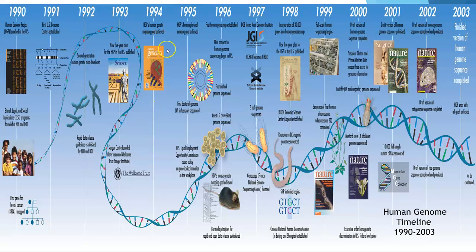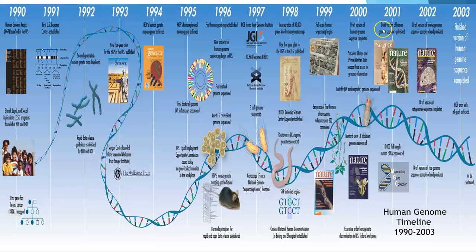If you have a closer look, you will see that in the timeline different milestones were achieved, which went on adding to the success story of the Human Genome Project. In 1998, incorporation of 30,000 genes in the human genome map was done. Then in 1999, full-scale human sequencing began, and the story continued.